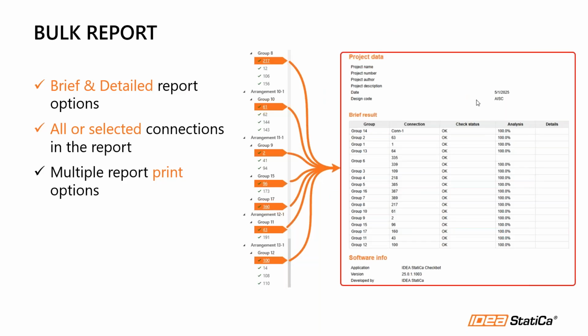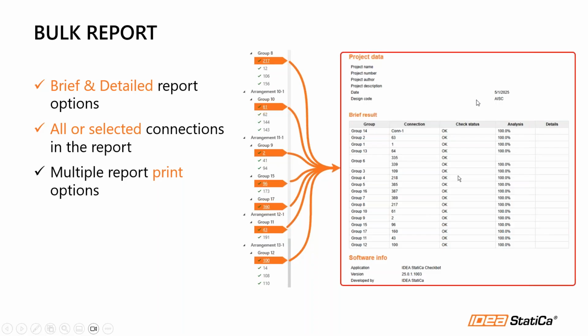Once all the groups are designed, now in Checkbot, you can generate detailed reports and create calculation packages in a few minutes. In the video, we show you that you can multi-select some connections by pressing Ctrl and clicking on the connections. In this case, we decided to select only the reference connection, but you can select whichever connections you want, right?